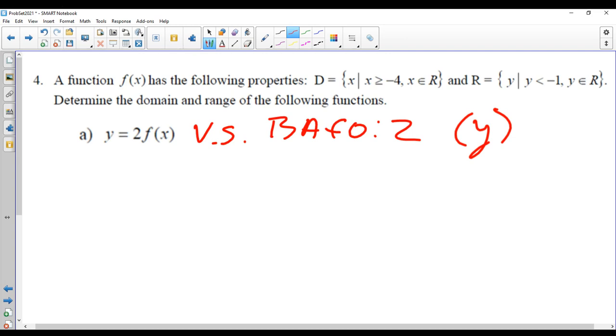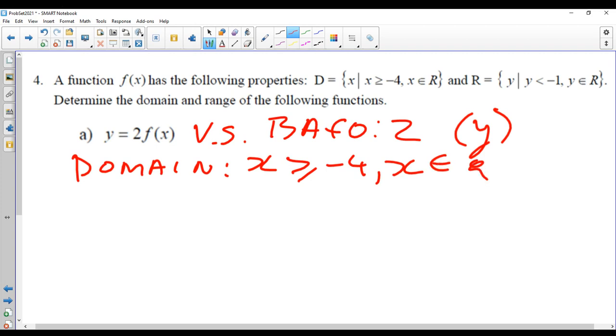It's not going to change, right? This thing affects the y. Domain is the x. It's not going to change. So my domain is still whatever it was before. X is greater than or equal to minus 4, x in R. No change there.